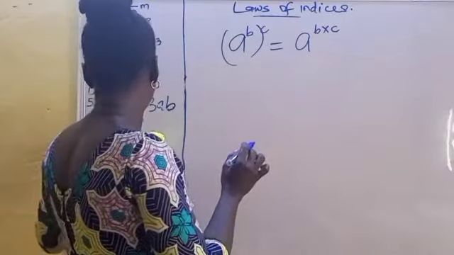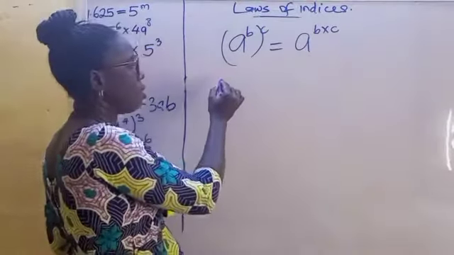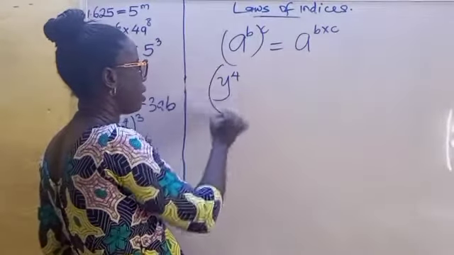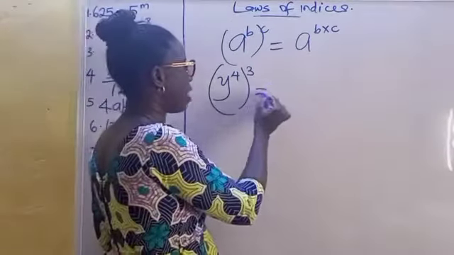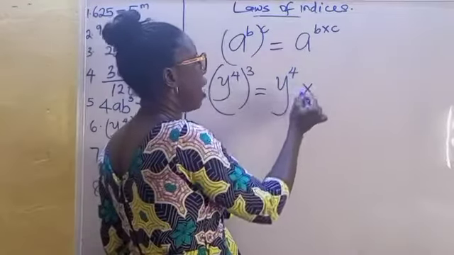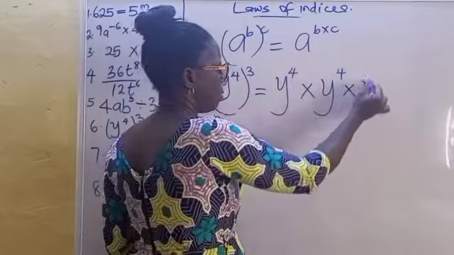So if we look at the second question, we discover that if you have y raised to the power of 4 into 3, what it means is that you have y raised to the power of 4 times y raised to the power of 4 times y raised to the power of 4.